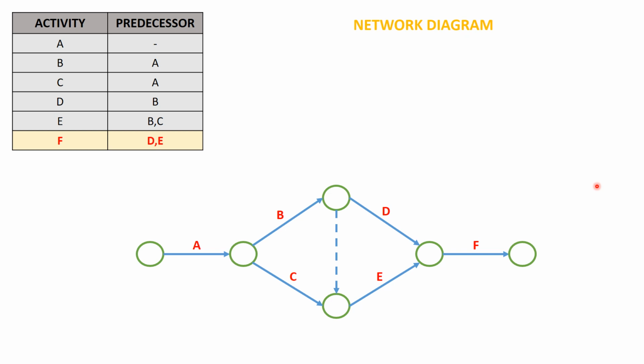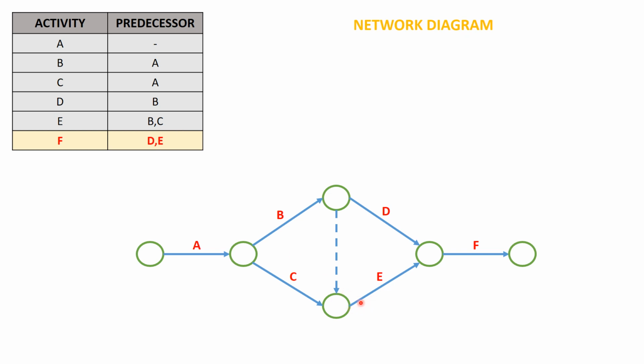So we can just look at it. Activity A, you can just compare it with the table. Activity A is the first activity. B and C are the parallel activities which start after activity A is completed. So activity D is going to start after activity B is completed, and activity E is going to start after both B and C are completed.